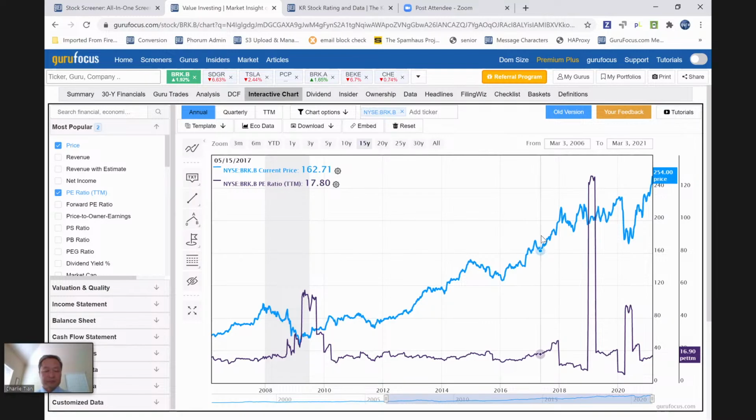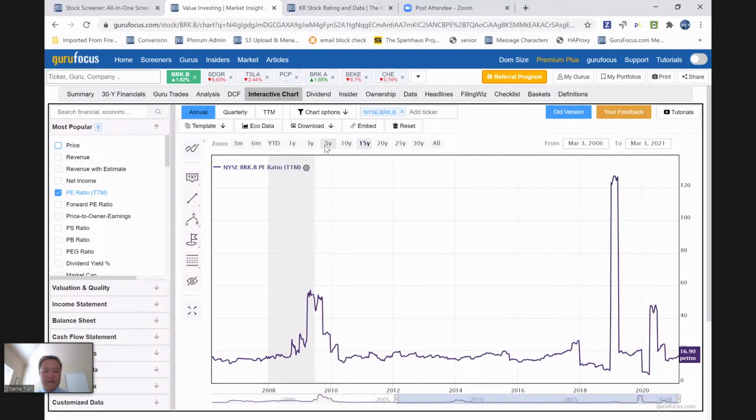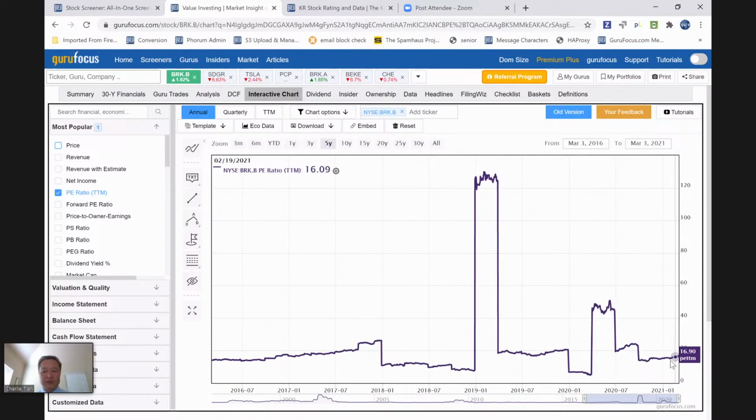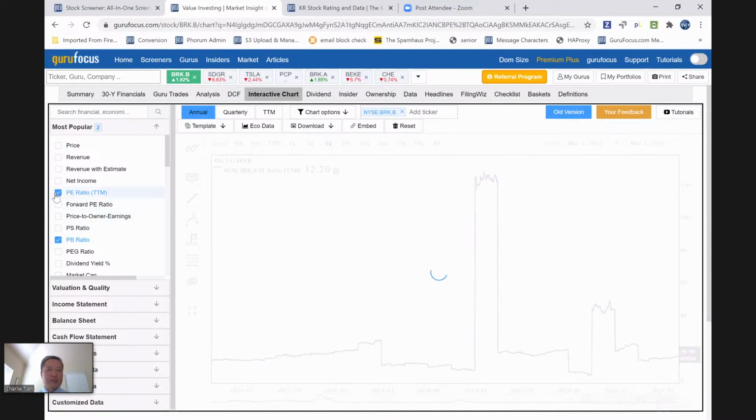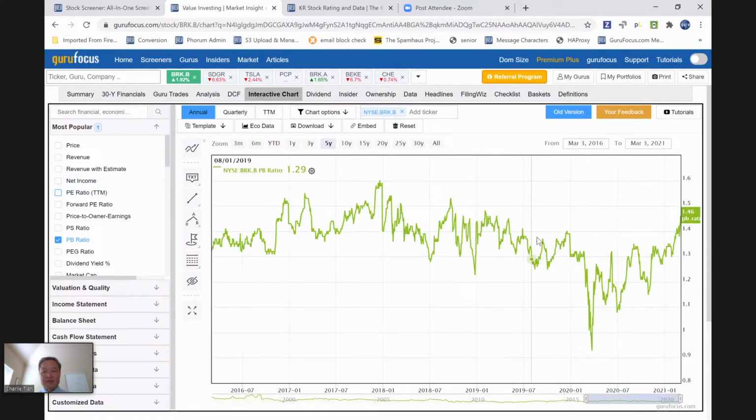So for the P/E ratio of Berkshire Hathaway, if I remove this price line and look at the five-year P/E ratio, you can see that the P/E ratio increased some, but it's still a very low P/E ratio for Berkshire Hathaway. And now we look at the price to book ratio. As I said, the price to book ratio now is 1.47, and it was below 1 in March last year.